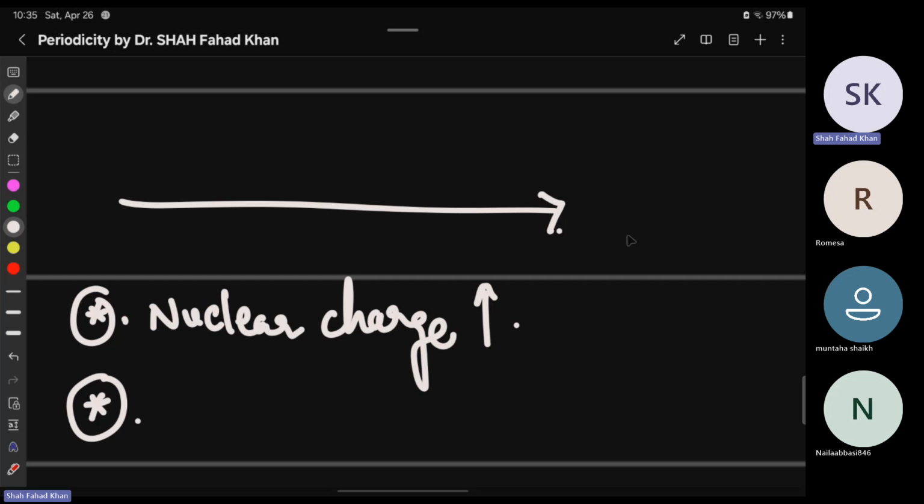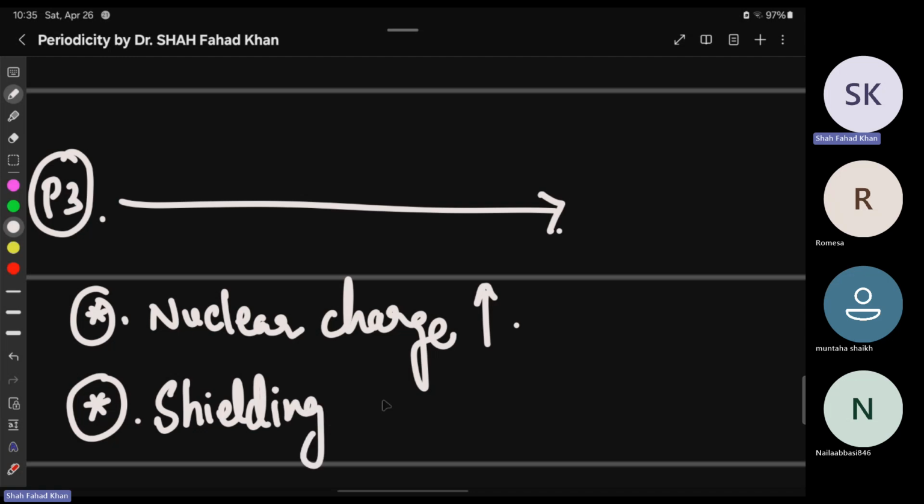All atoms are being added to the same shell. If you take an example of period 3 elements, all atoms have their electrons being added to the third shell, right? So the number of shells stays constant, therefore the shielding effect, which depends on the number of shells, also remains constant.